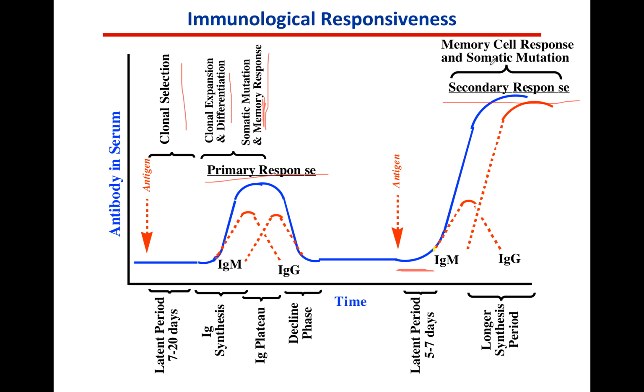And again, additional somatic mutations can occur in the secondary response, creating even higher affinity antibodies. So each time, potentially higher affinity antibodies. As you can see, clonal selection, expansion, and somatic mutation are part of the primary response. Then upon a secondary response, you make use of the memory B cell response, which allows for a greater, faster response upon exposure to the antigen, and then further optimization.